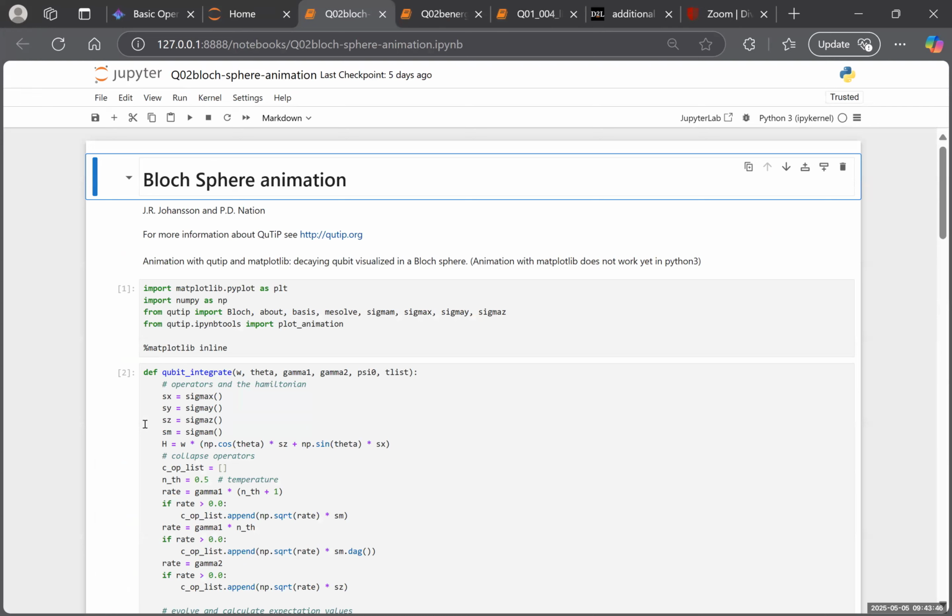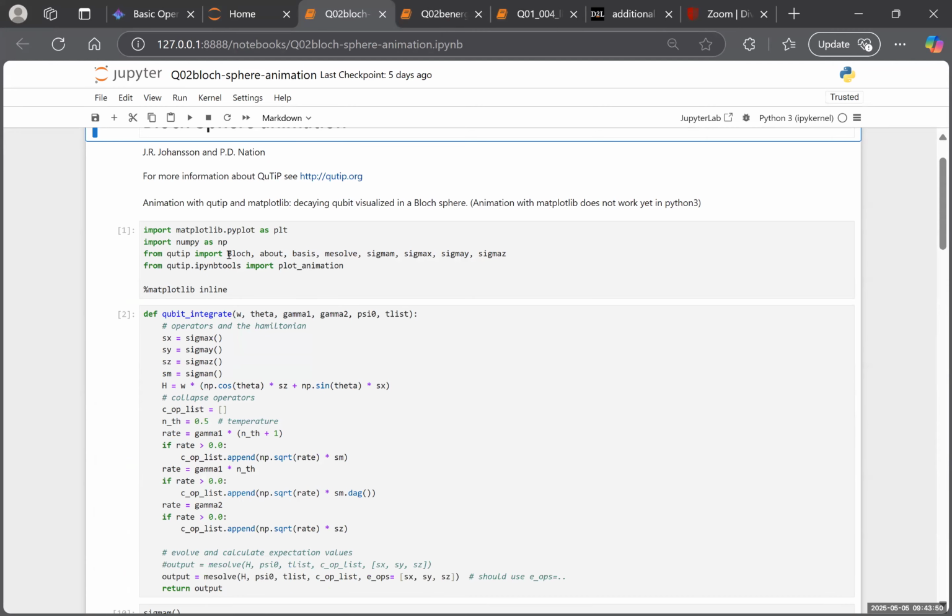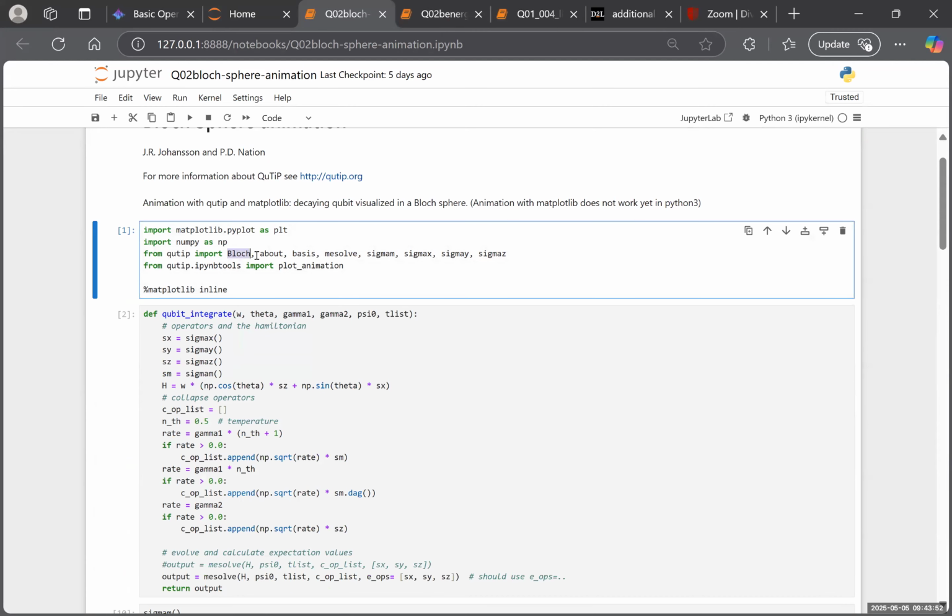So again, you need to import the relevant packages: Bloch, Bloch sphere, basis, mesolve, sigma minus, sigma x, sigma y, sigma z, and we will need to import animation.